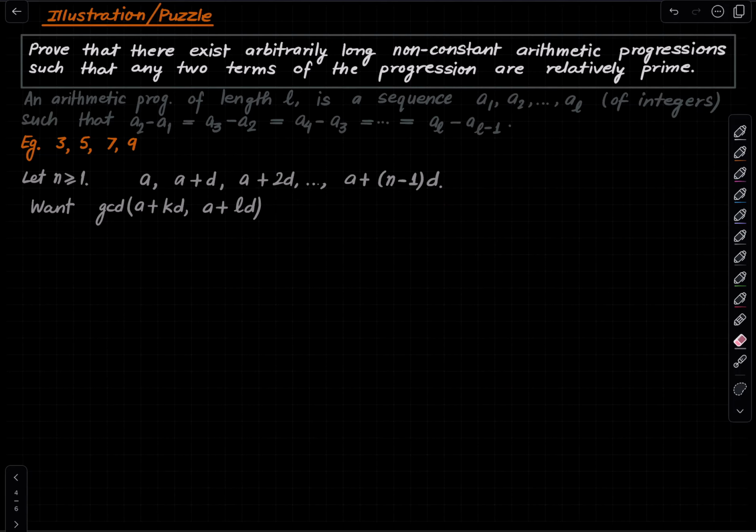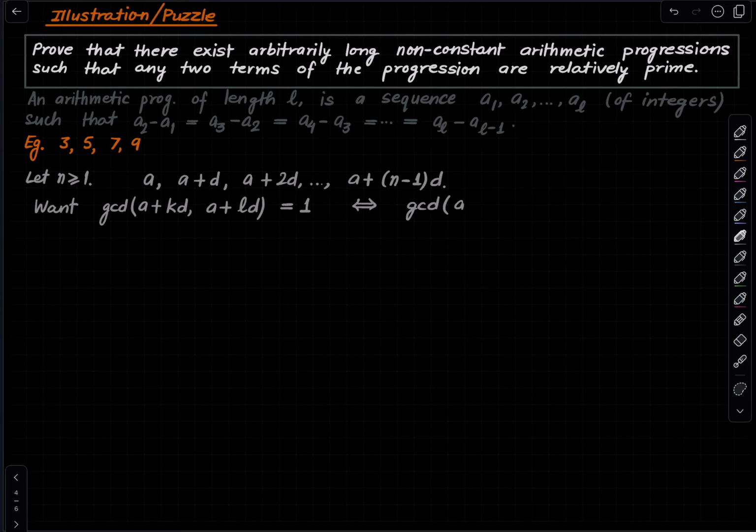It's unclear how to achieve this. There may be many ways of doing this, but I can do it in one way. Fine, so this is what we want, which is equivalent, by Euclidean theorem or whatever, to asking that the GCD of a plus kd and this number is 1.